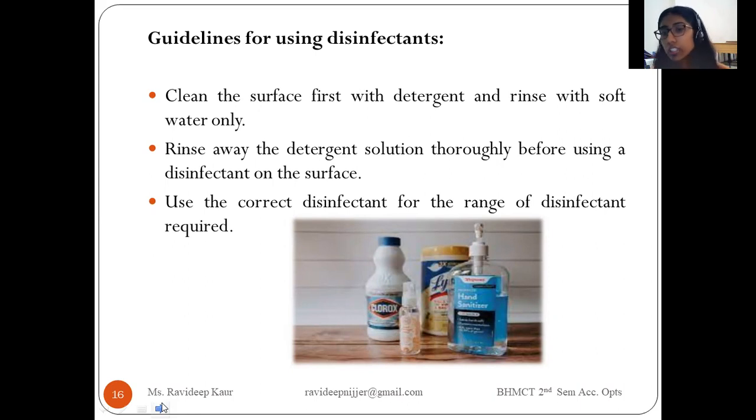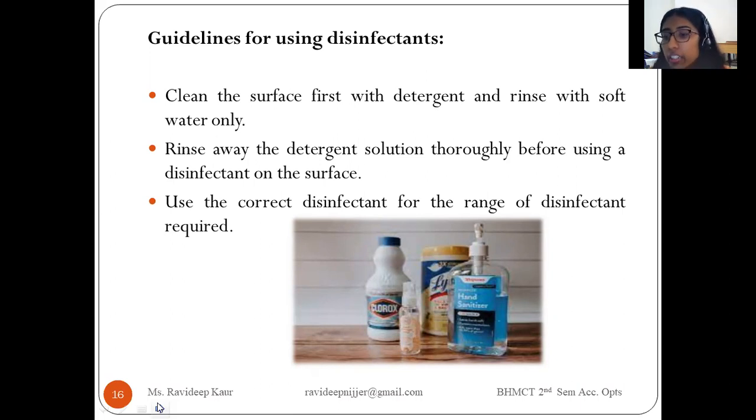Rinse away the detergent solution thoroughly before using the disinfectant on the surface. So make sure you have rinsed away the detergent solution properly before applying the disinfectant on the surface.